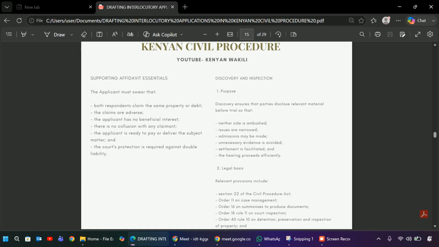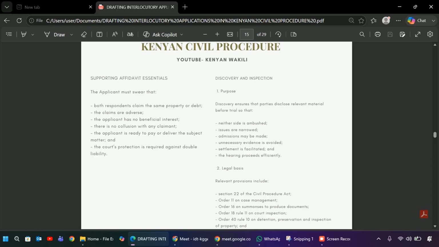So discovery and inspection, the purpose of the same is that discovery ensures that parties disclose relevant material before trial so that neither side is ambushed and issues are narrowed, admissions may be made, unnecessary evidence is avoided, settlement is facilitated, and the hearing proceeds efficiently. So these are the marking points for the 5-mark question, where you are told by the examiner, give us the purpose of discovery and inspection in civil litigation.